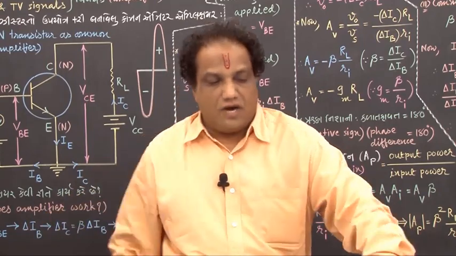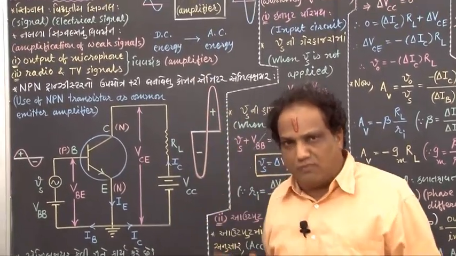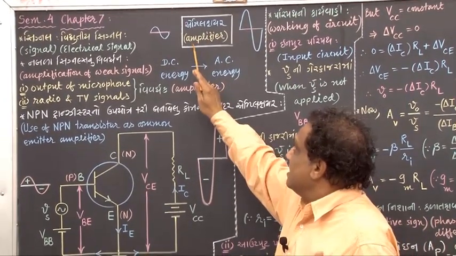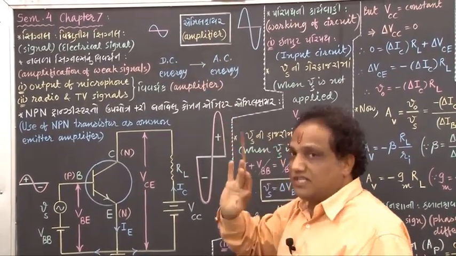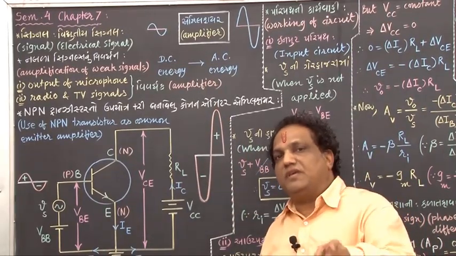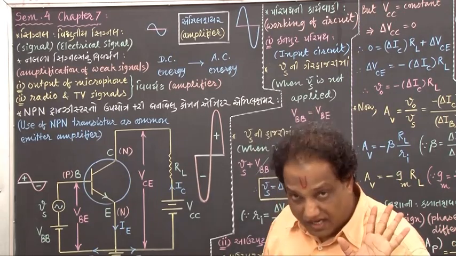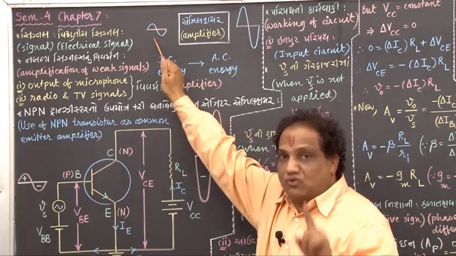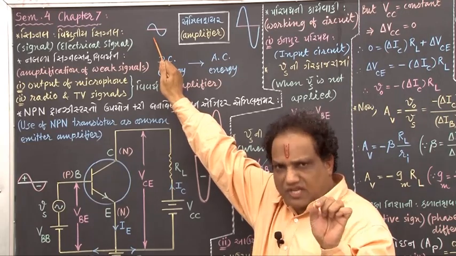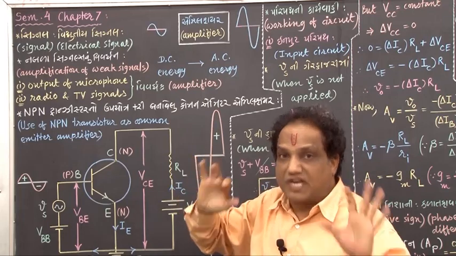Fine. Now, here I have shown the working of an amplifier by a simple block diagram. In this box, suppose some amplifier is kept. What it will do, you know now, it will simply amplify the input AC signal. The AC signal which you have is a very weak signal having very small amplitude and hence very small strength.